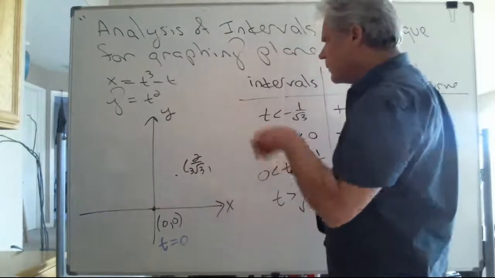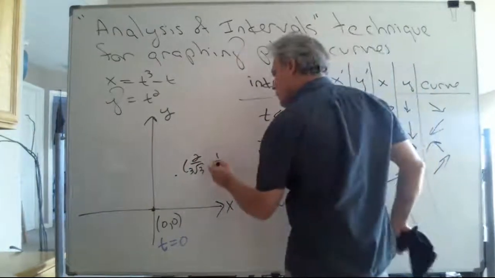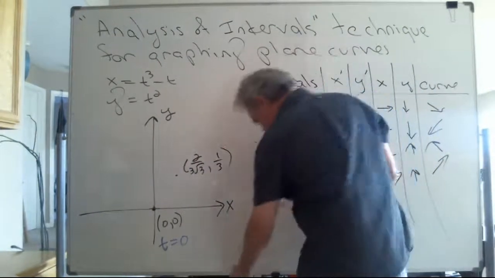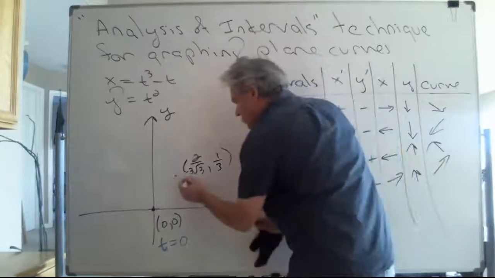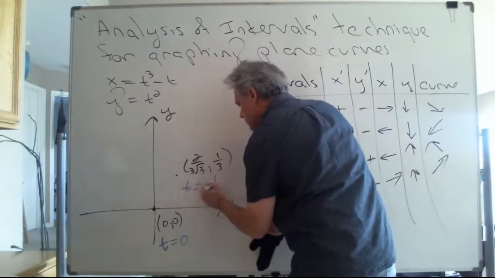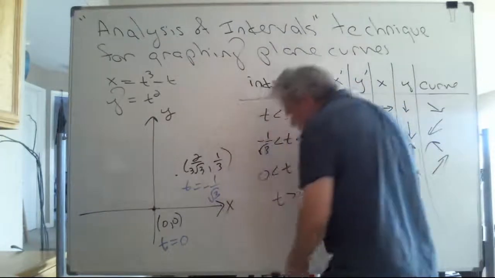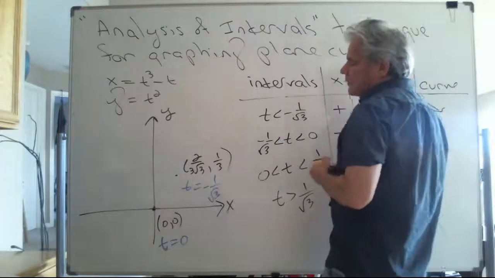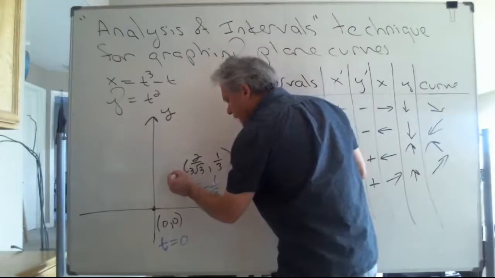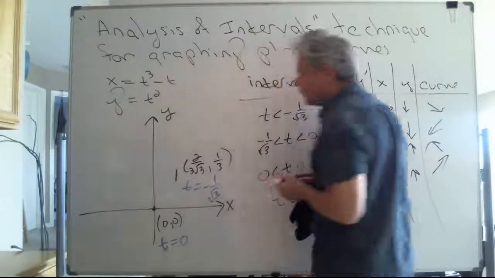And the y-coordinate is going to be +1/3. Now that black point is generated when t is equal to this blue value. But dx/dt is equal to 0 when my tangent line is vertical.